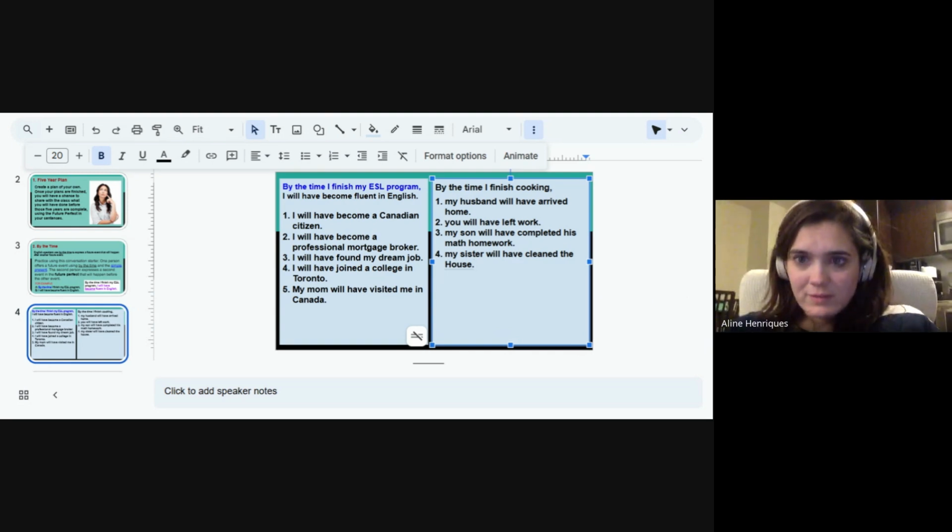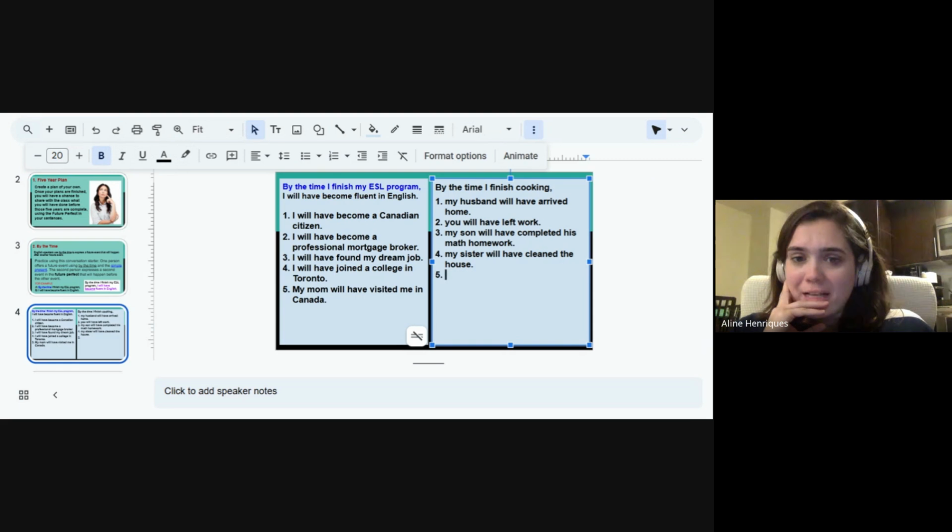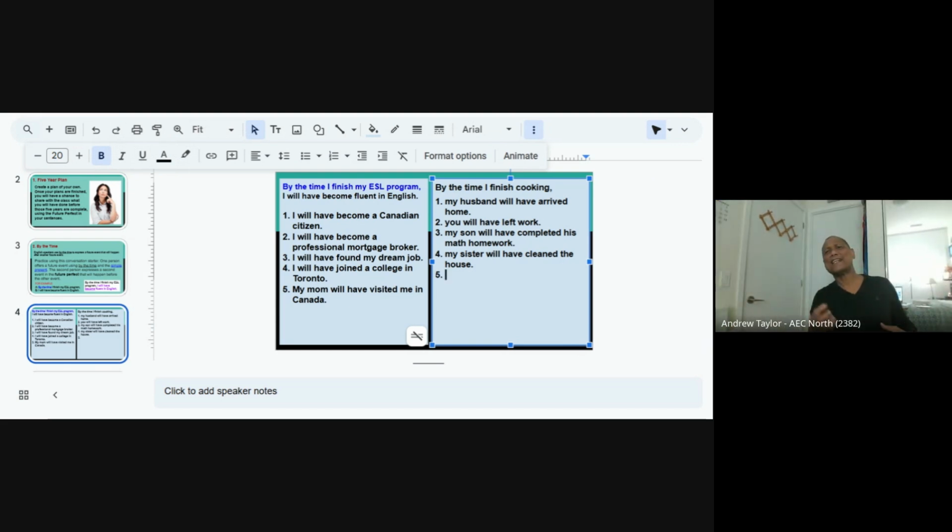Be careful, everybody. The future perfect tense is not easy. Aline, can I try? You want to make your own sentence, Aline? Okay, Aline, go ahead. By the time I finish cooking, my children will have arrived from school. You see, your sentence, Aline, is very natural. It's real. It's true. The situation is imaginable. It's not fictitious. It's not an imagination.